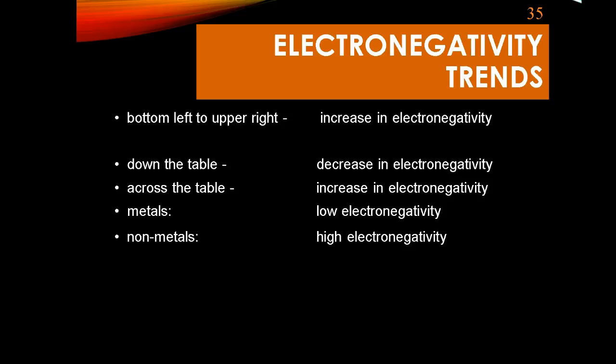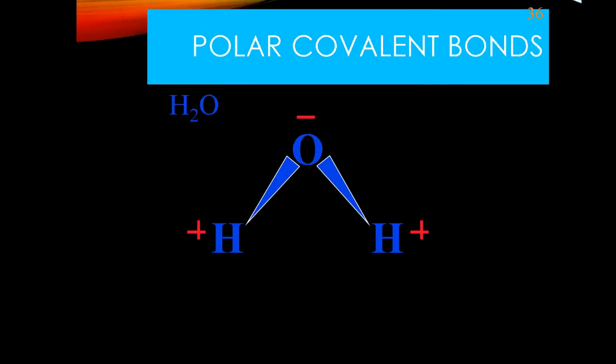If we move from the left side to the right side, we increase in electronegativity. Metals have low electronegativity, and nonmetals have high electronegativity.